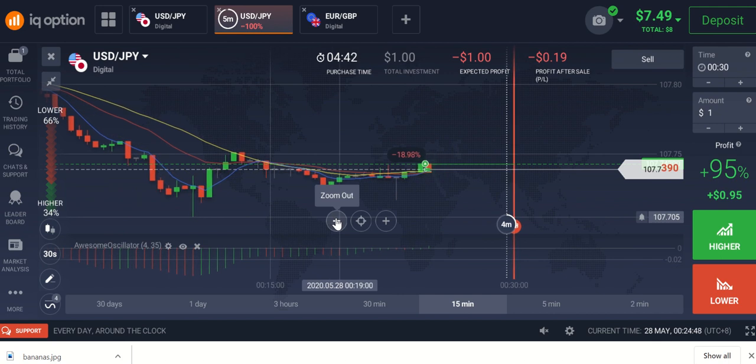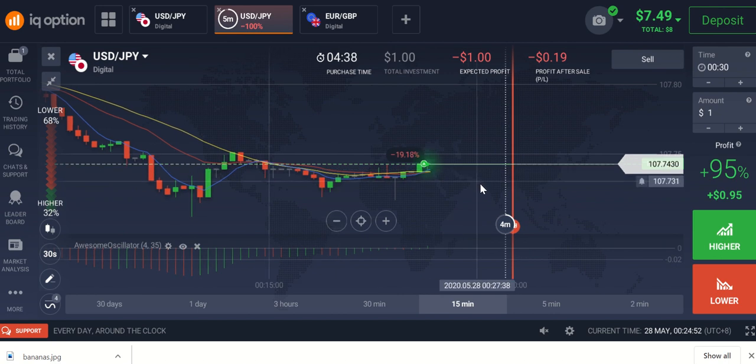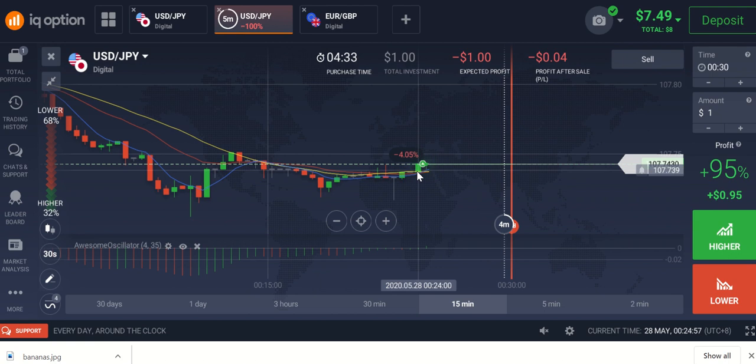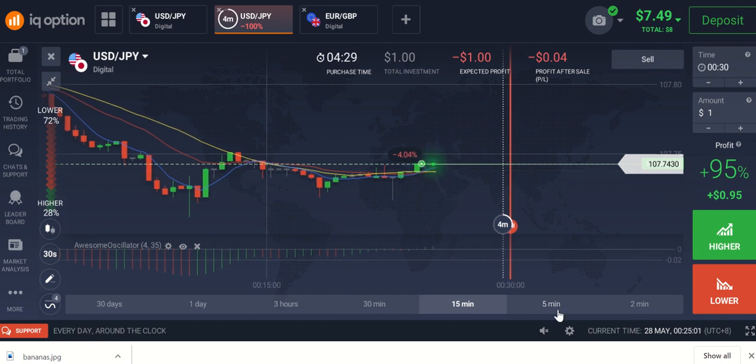Entered too early. Anyway, it will retrace. So let us see if it will continue to move up.